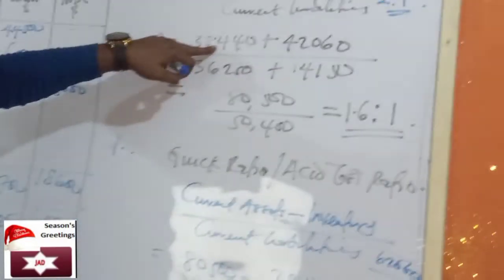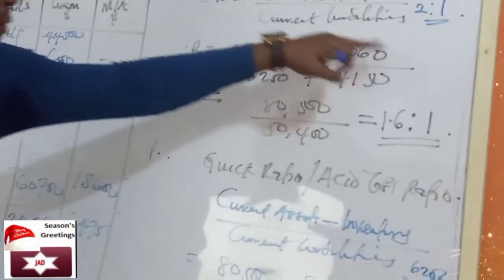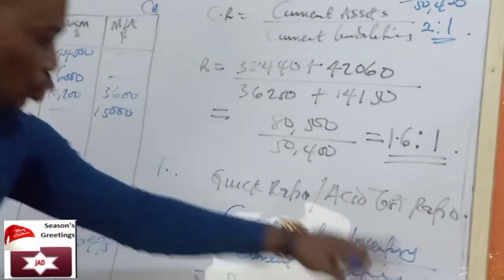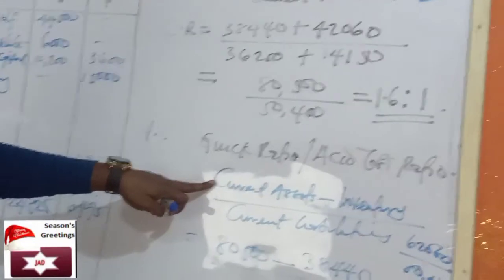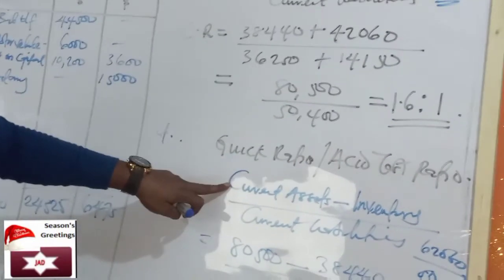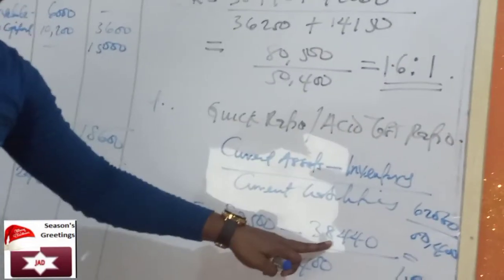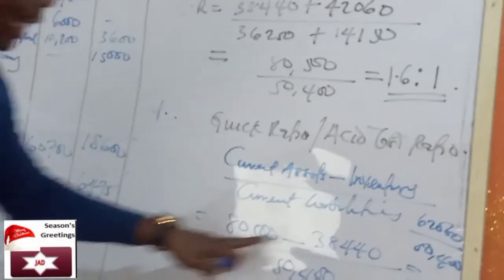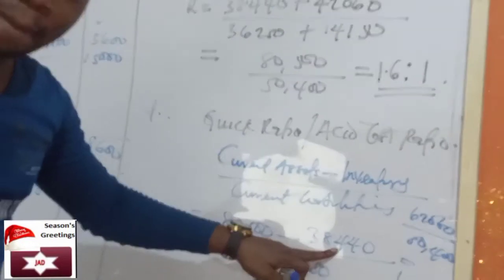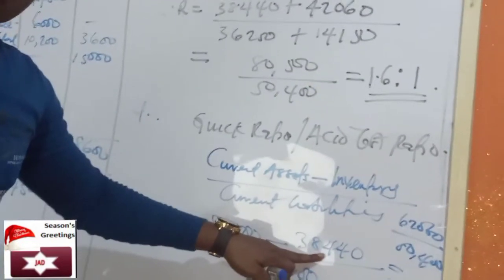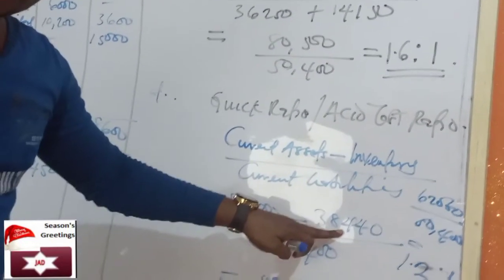So what we are now asking you is that if you sell at this cost price, it will not have any effect on the current ratio, but it will have an effect here on the quick ratio. Why? Because in the quick ratio we do not include stock. So if you sell it at cost price here, this stock will become cash.